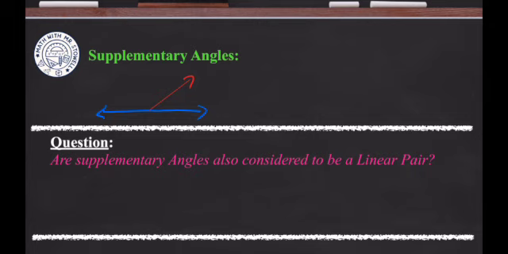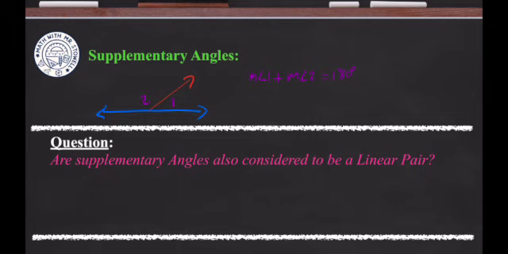We're going to talk about that in a moment because supplementary and linear pairs are very, very similar. Let's call this angle 1 and angle 2. If we know that the measure of angle 1 and the measure of angle 2 have a sum that equals 180 degrees, then we know it's supplementary.